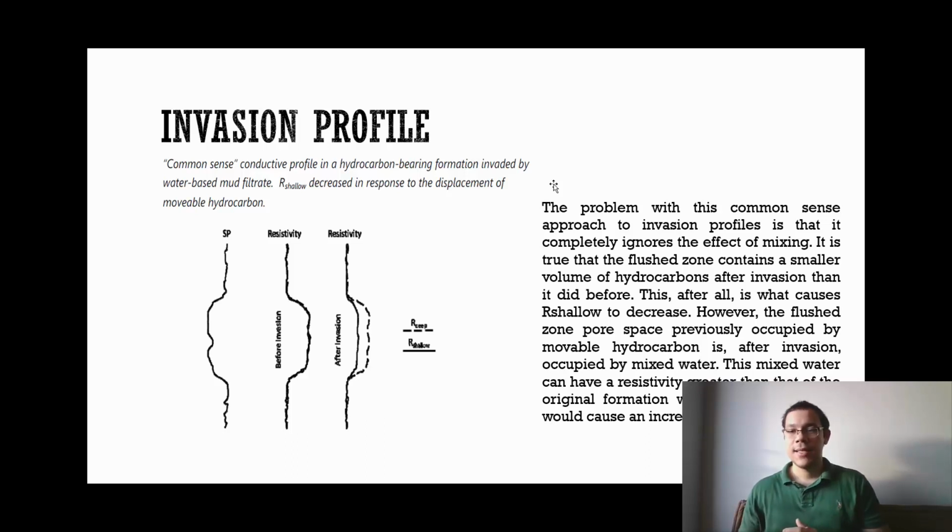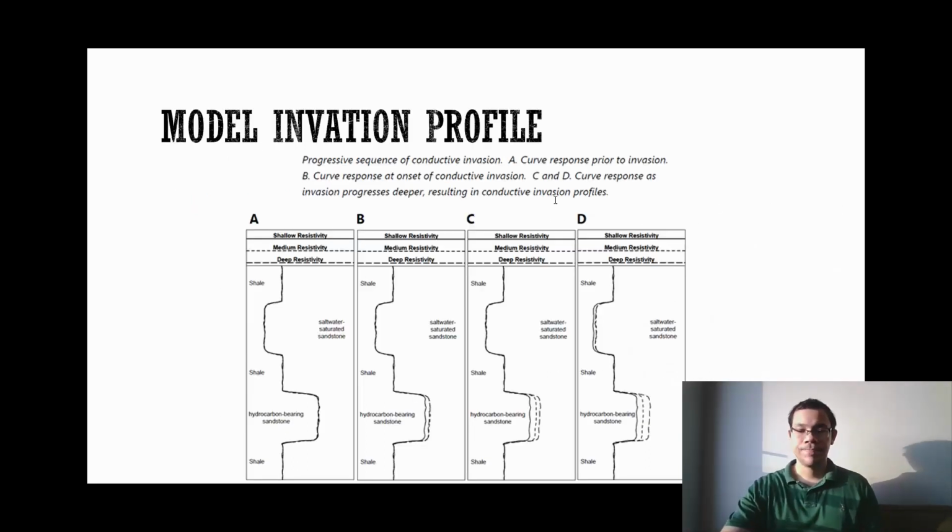However, the flushed zone pore space previously occupied by movable hydrocarbon is, after invasion, occupied by mixed water. This mixed water can have a resistivity greater than that of the original formation water, which by itself would cause an increase in your shallow resistivity. And I will stop reading.